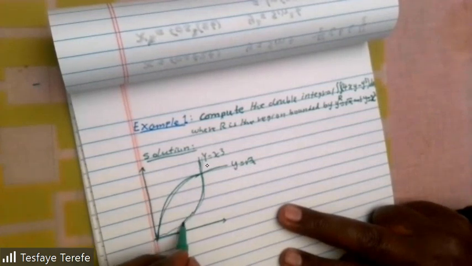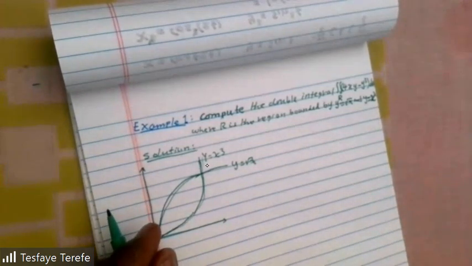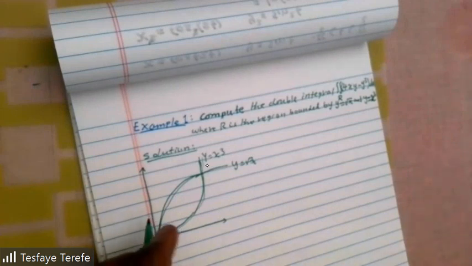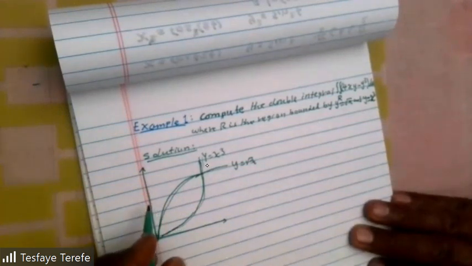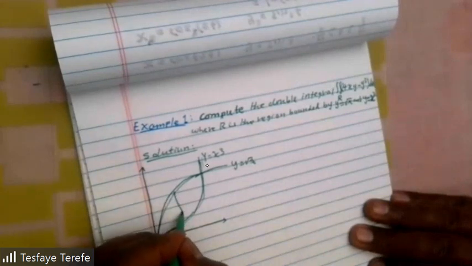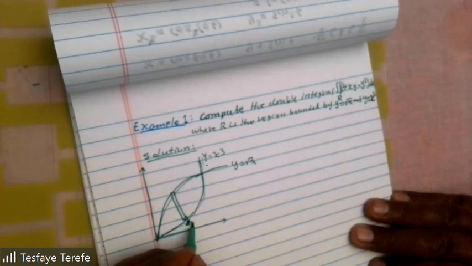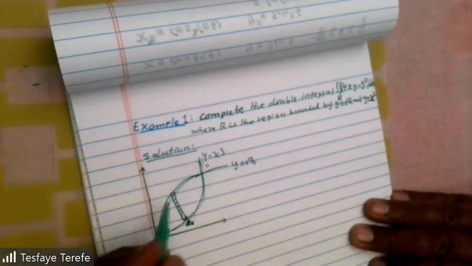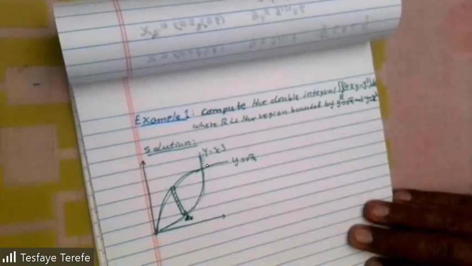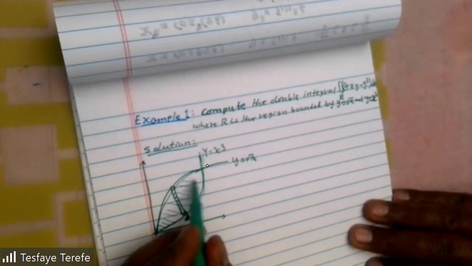By the way, for this we have two choices, and we can make it type 1 or type 2. Let me make it type 1, and then we'll do type 2 as well. Here, what is really changing is dx, and the height is changing from the lower, which is x cubed, to the upper, which is square root of x.